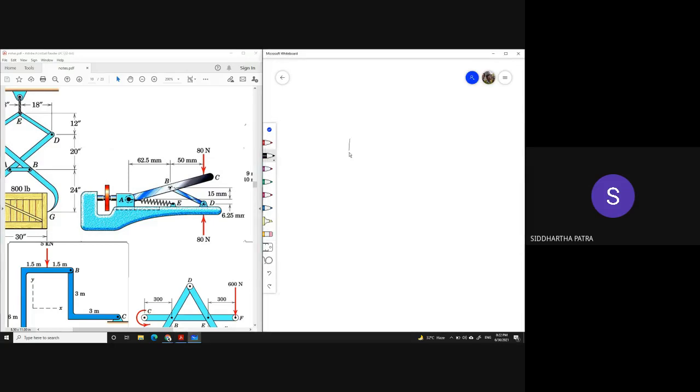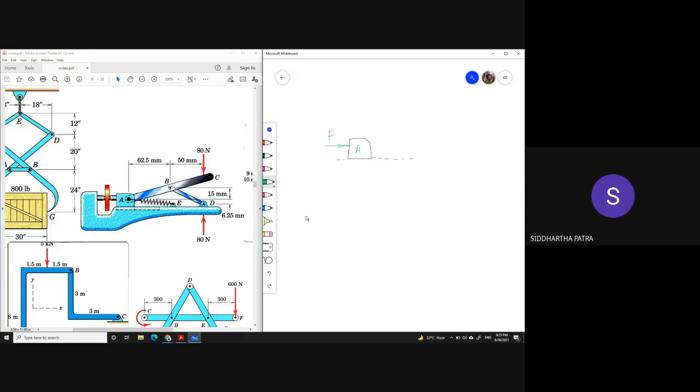This block is actually free to slide in this groove that is shown with broken lines. So it is free to slide in that slot. And if it is applying some gripping force F, it is getting that in reverse direction as a reaction.